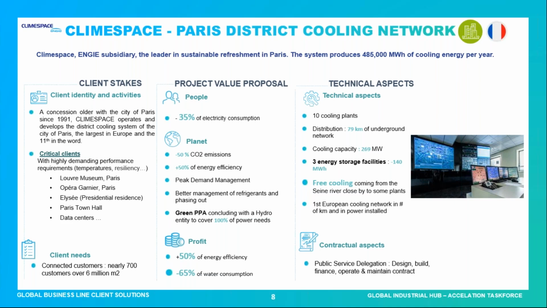This leads to better energy efficiency, less water consumption, less chemical product consumption, and less CO2 emission compared to a standard solution. In addition, all the power needed to power the chillers or the pumps is coming from a green PPA, from a hydro facility in the south of France.